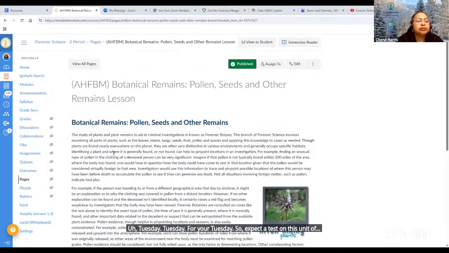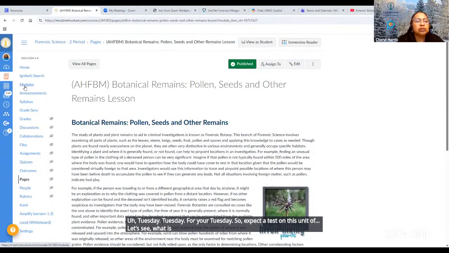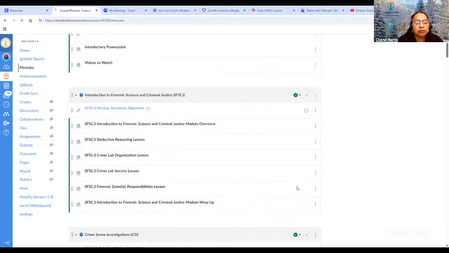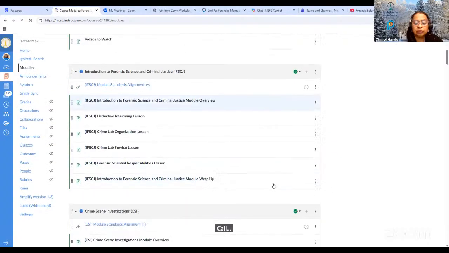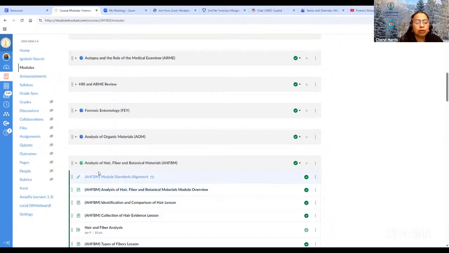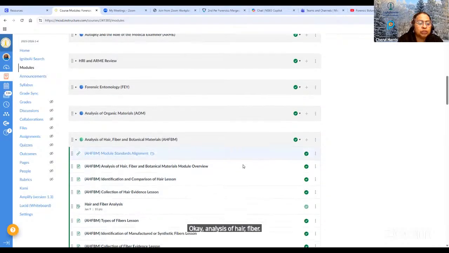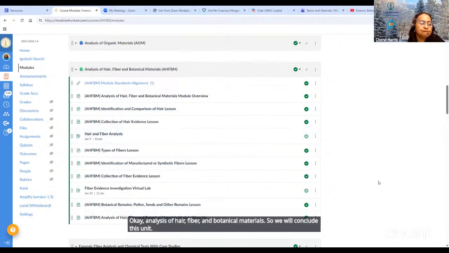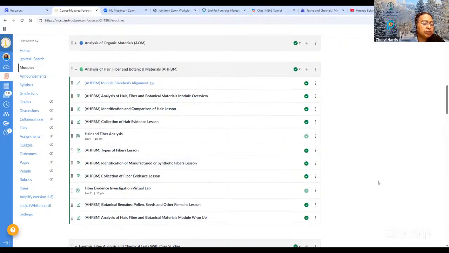What is the unit called? Okay, analysis of hair, fiber, and botanical materials. So we will conclude this unit and test this unit by Tuesday.